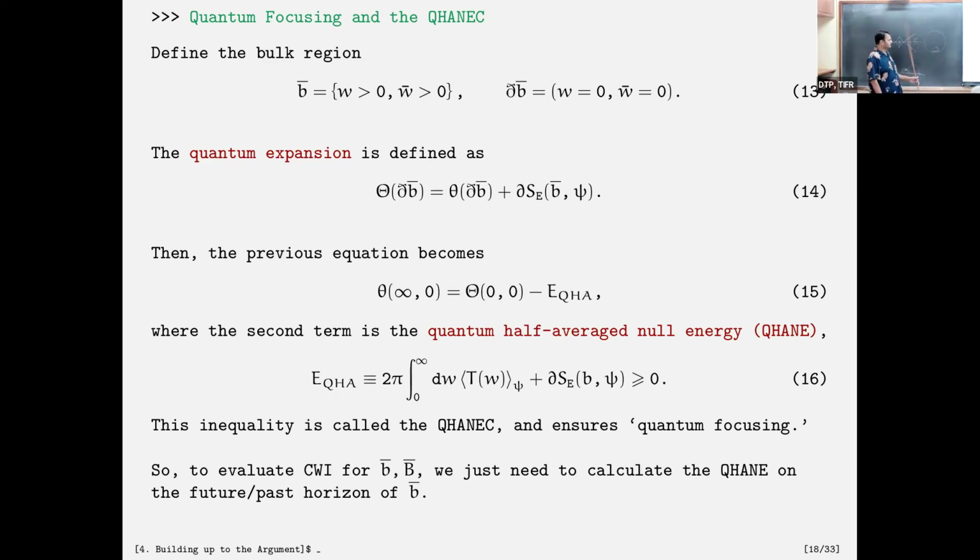Okay. So the point is that we will calculate the right hand side for a given point and its null ray to figure out whether causal wedge inclusion holds.